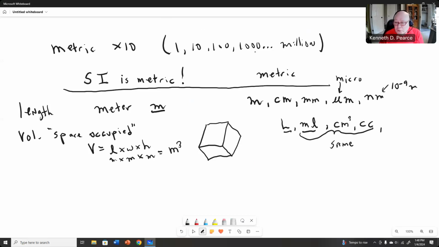And if you're dealing with smaller quantities, you might have a microliter, which is a thousandth of a milliliter. So you have micros and nanos and whatever, okay? A milliliter is a thousandth of a liter, and a microliter is a thousandth of a milliliter. In other words, there's a lot of microliters in a liter.